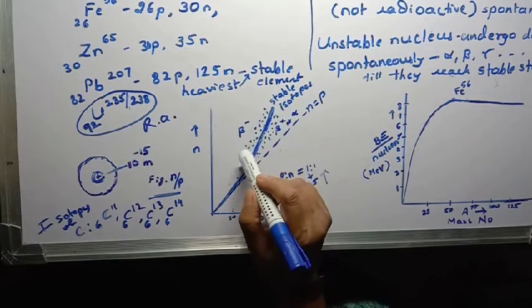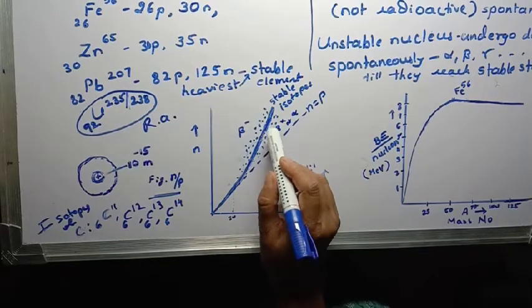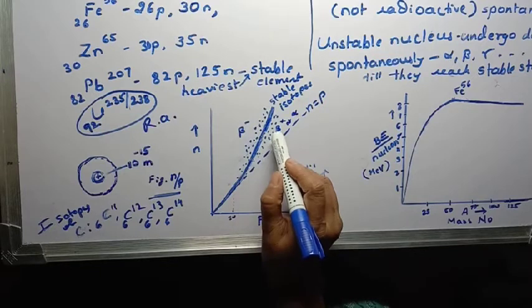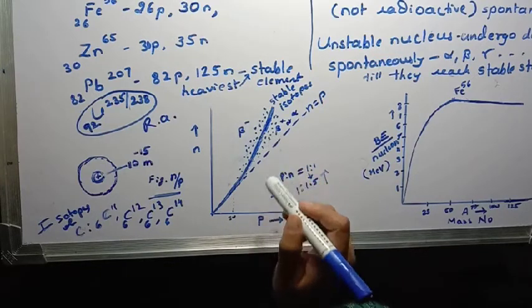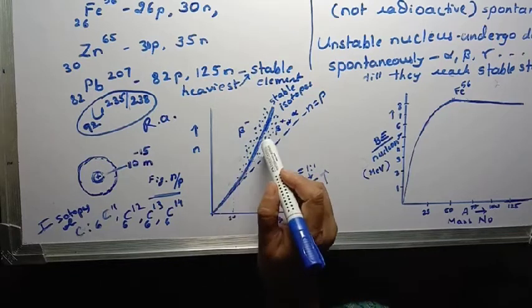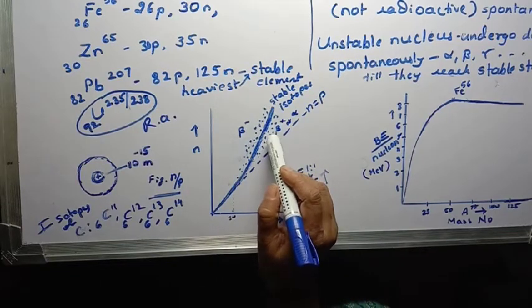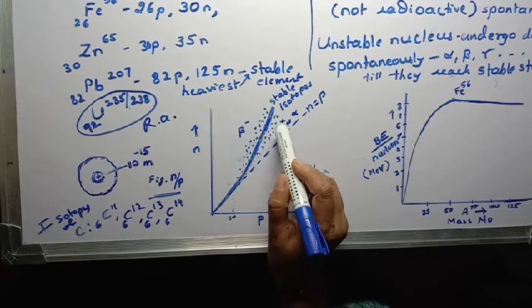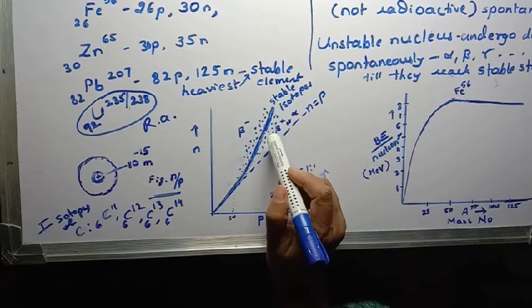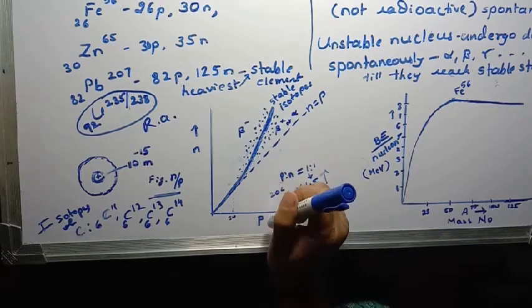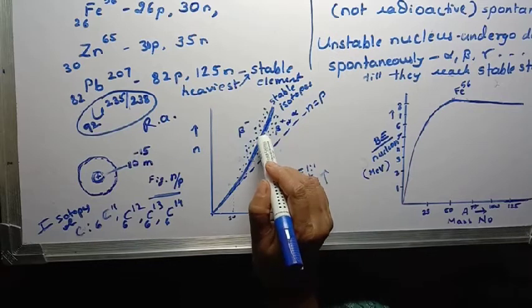Now the elements which fall below, that means to the right of this line, have more protons and fewer neutrons. Thereby they undergo emission of positrons or alpha radiations, and thereby they decrease the proton number, as a proton gets converted into a neutron.